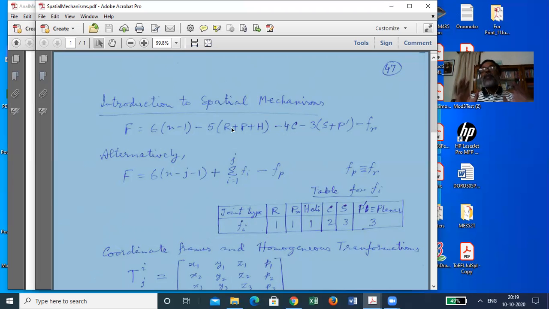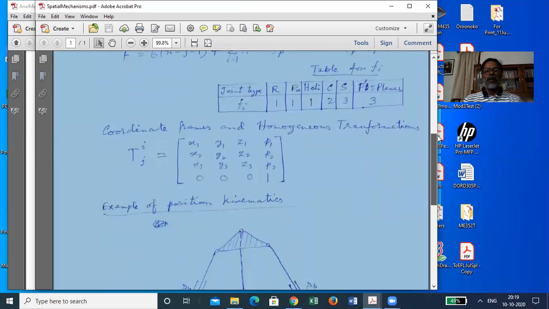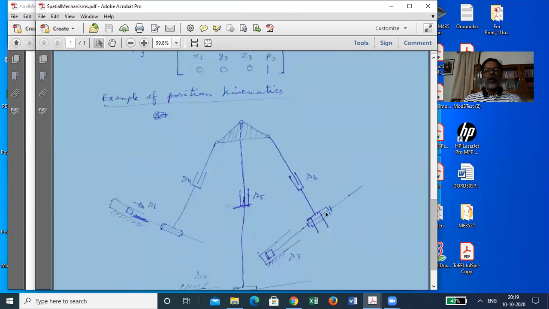This is one thing. The other thing that I want to mention to you is that the simplest spatial mechanism that you can think of actually is an RSSR mechanism. I'll show you. Throw away the third leg, remove that leg, cut it off. Okay, take scissors and cut off that leg completely. Lock this jack and lock this jack also.